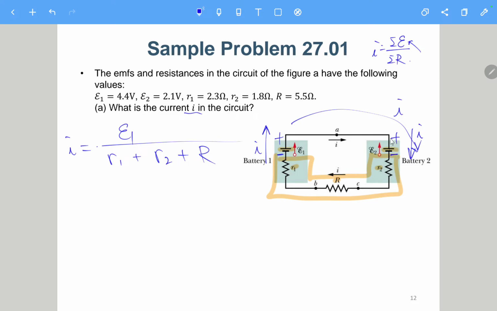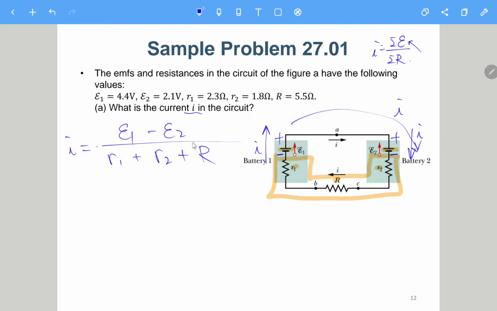This is negative, this is positive. So you see, this is the arrow, so it should be a minus sign. This is how you can determine whether it's positive or negative. This is the arrow, and this sign is positive.